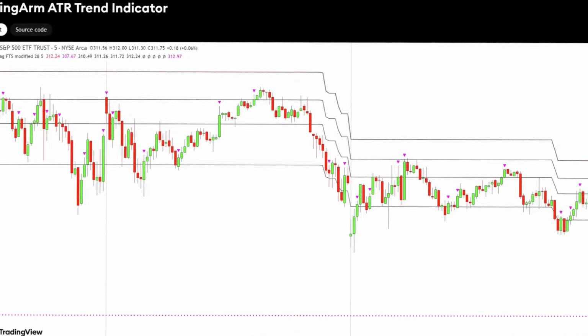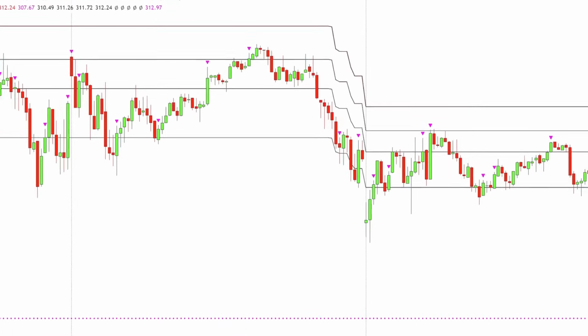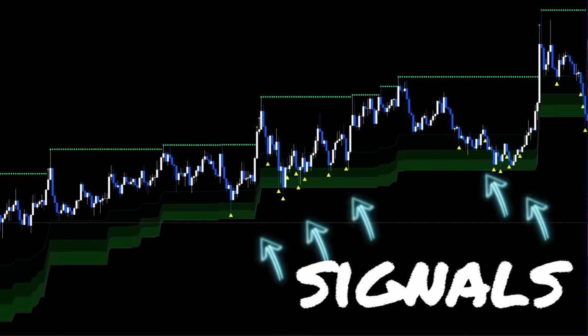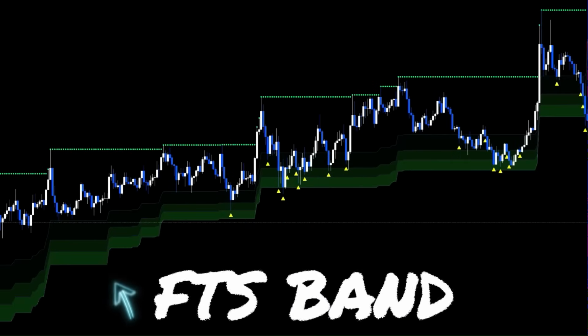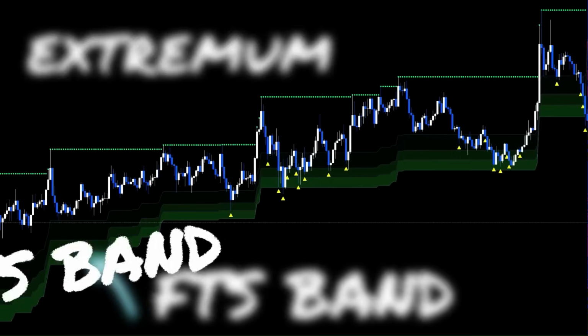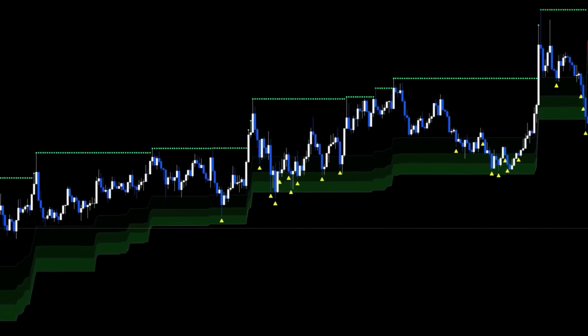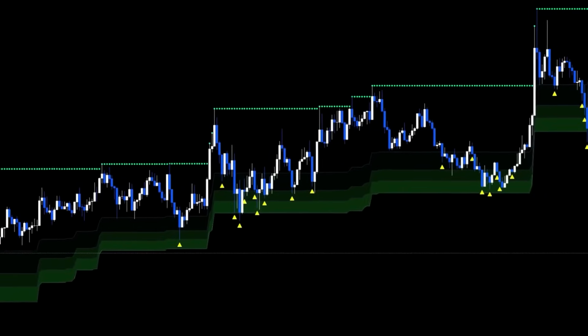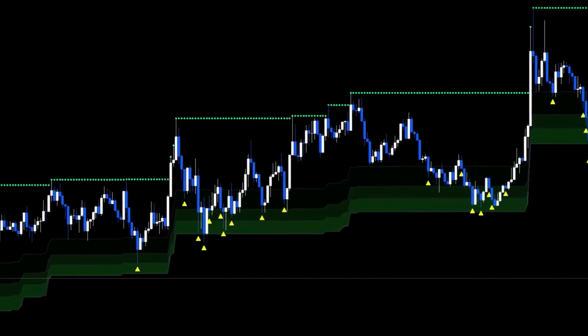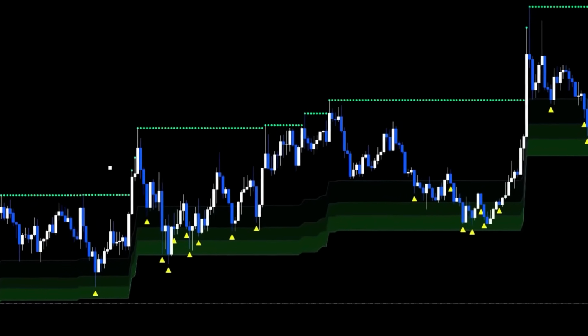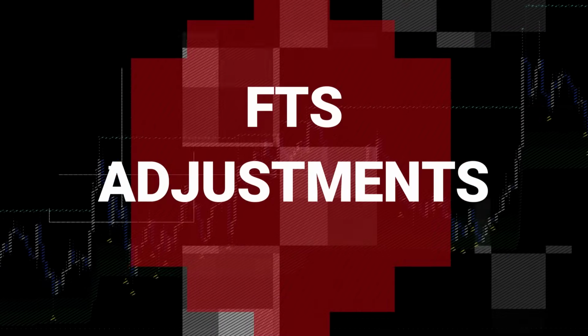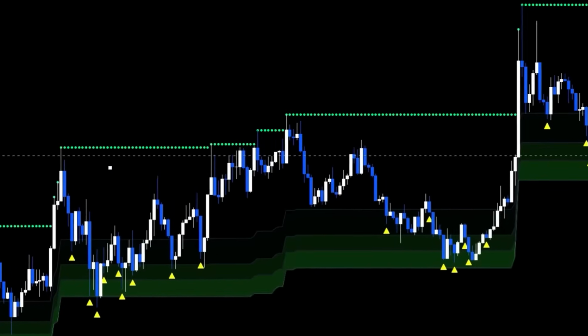Now, once it's on your chart, you'll see a few things. There are these little signal triangles that pop up, a kind of ribbon looking thing we call the FTS, and then some dots called XMOs. Don't let any of that fancy lingo intimidate you. It's not as complicated as it sounds. The real magic happens when you adjust the settings, and that's exactly what we're about to do.